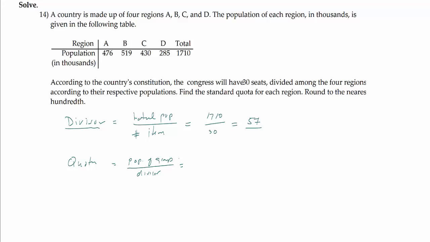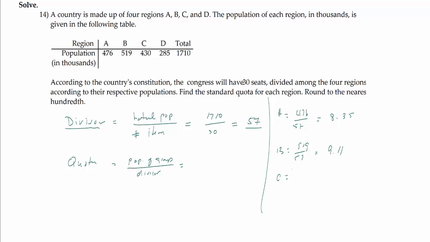For group A, I have 476 divided by 57, which rounds to 8.35. They want me to round to the nearest hundredth. For group B, I take 519, divide it by 57, and this works out to 9.11.